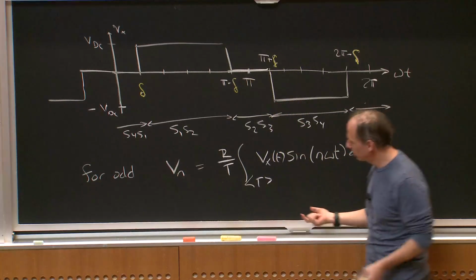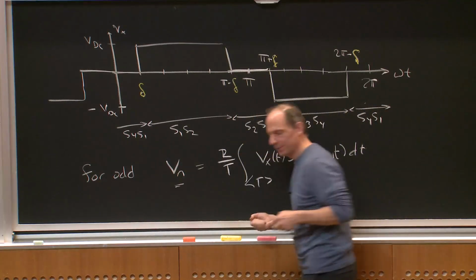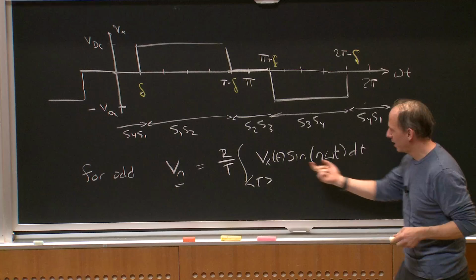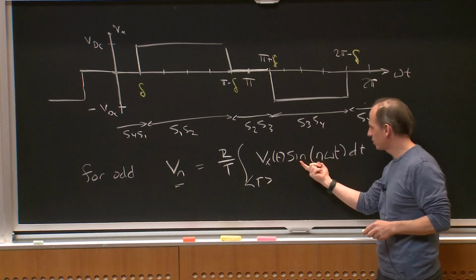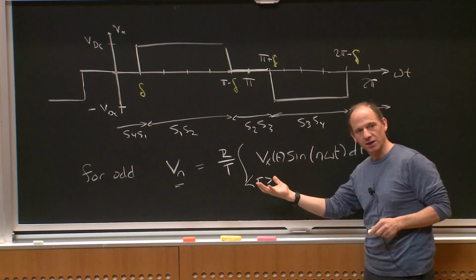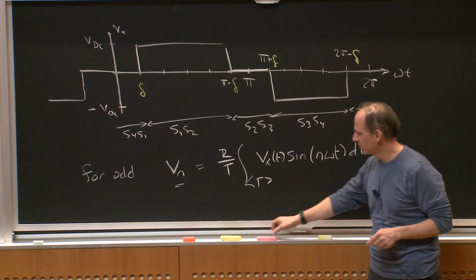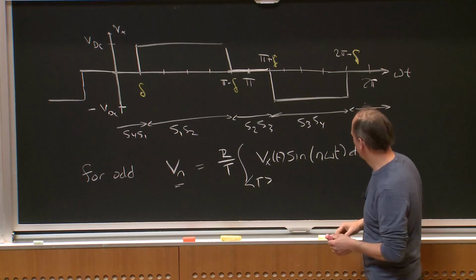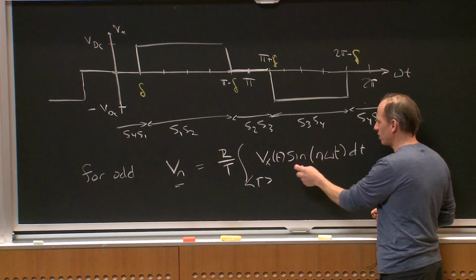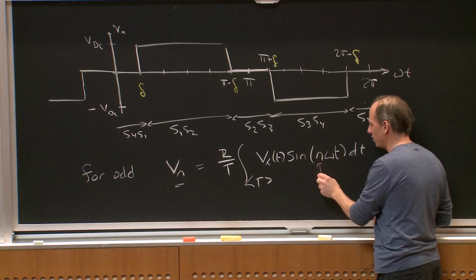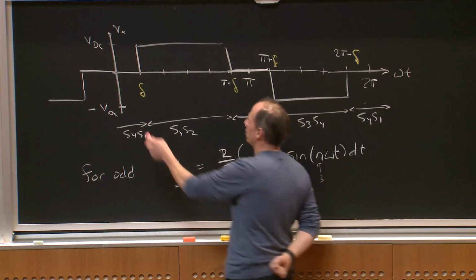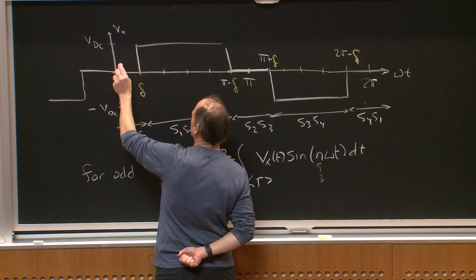And so I can calculate the amplitude of the nth harmonic essentially as the waveform times the sine of the right frequency, integrated. The example I showed you last time is, suppose I focused on the third harmonic, so n is 3.